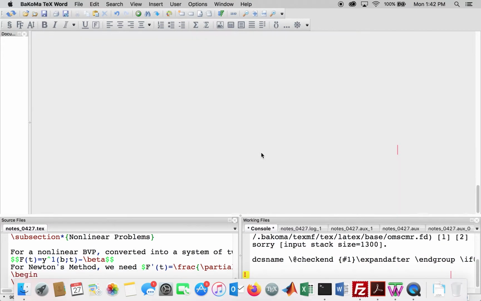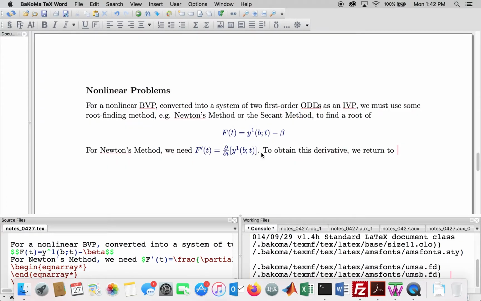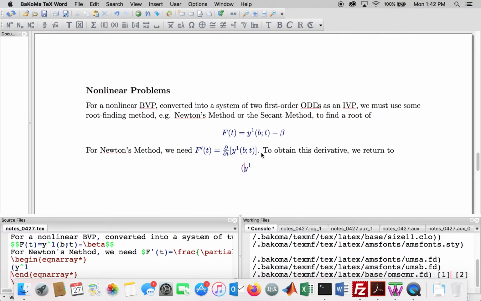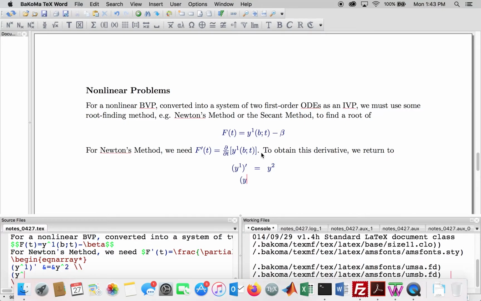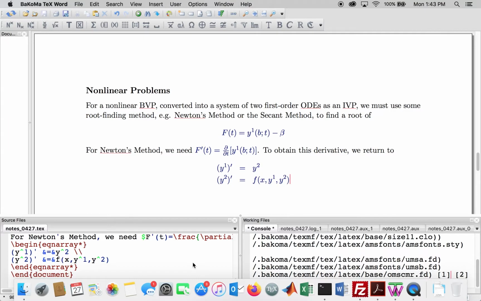So instead of scrolling again, I'll just repeat the system of ODEs that we have. y1 prime is equal to y2, and then y2 prime is equal to f of x, y1, y2. Remember from last time, these 1s and 2 superscripts are not exponents. They're not squaring or raising anything to first power. So don't even go there.